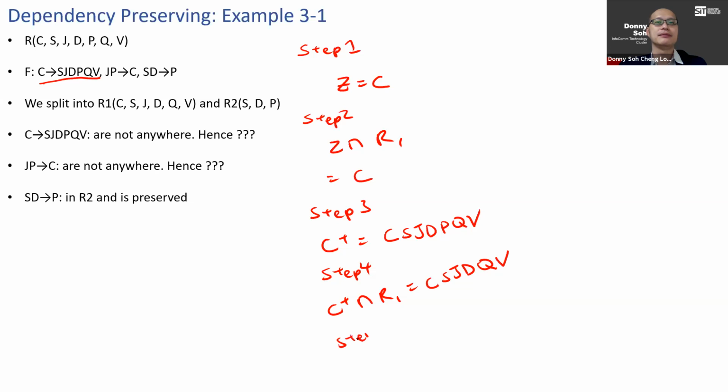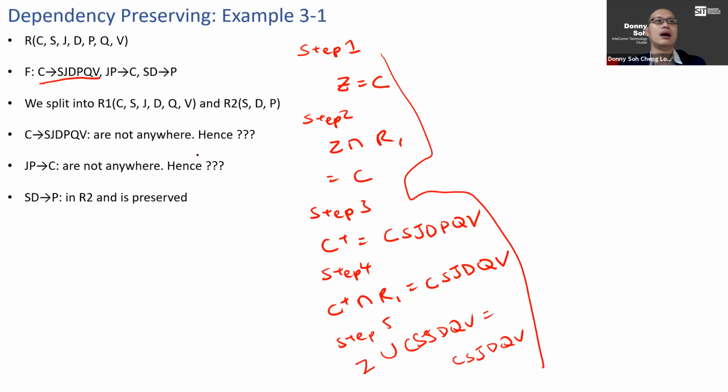And step 5, I will union this back with CSJDQV, and this will give me CSJQV. So this is the first one for R1. Next, R2.